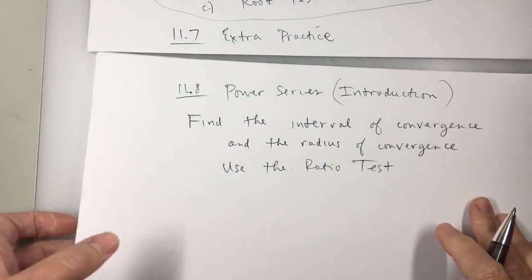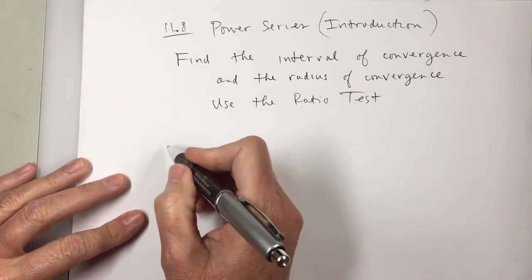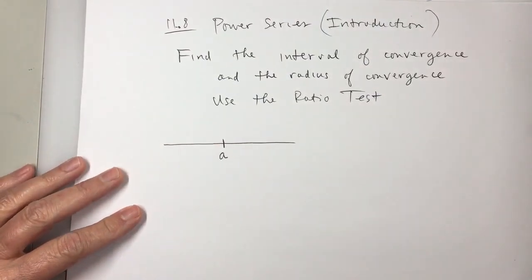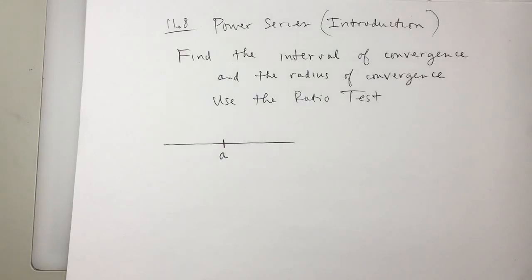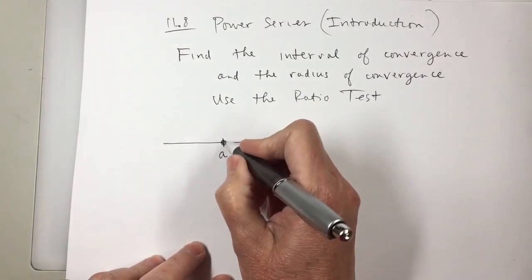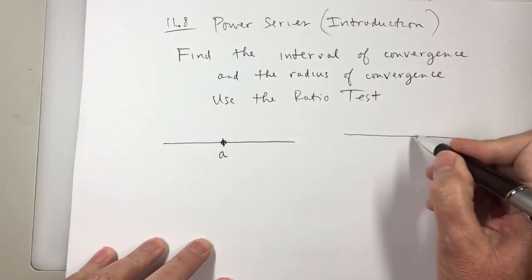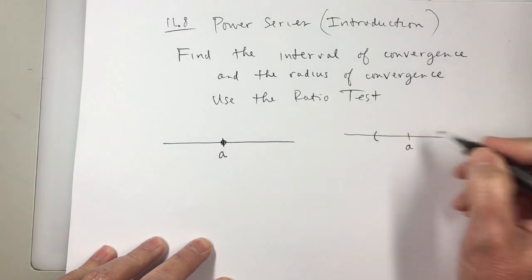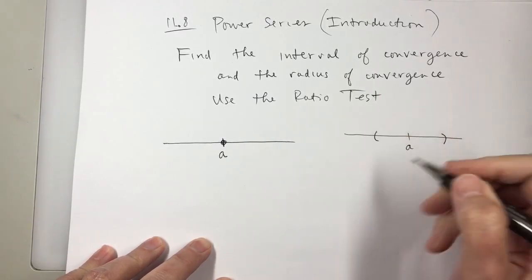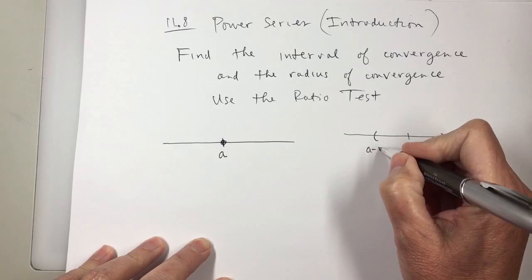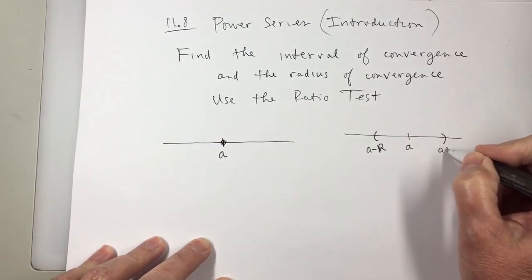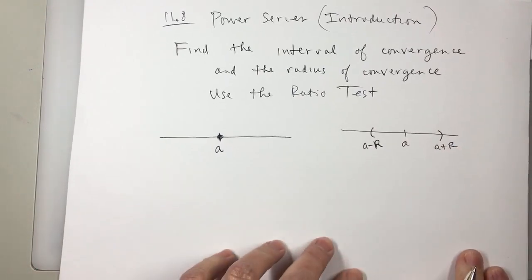You're going to get things like this. It might converge only at A, which would be the number that it's centered around. It might converge on some interval around A, and so it would be the same distance on each side of A, minus R, I think they use a capital R for that, A plus R, but I guess it wouldn't matter.